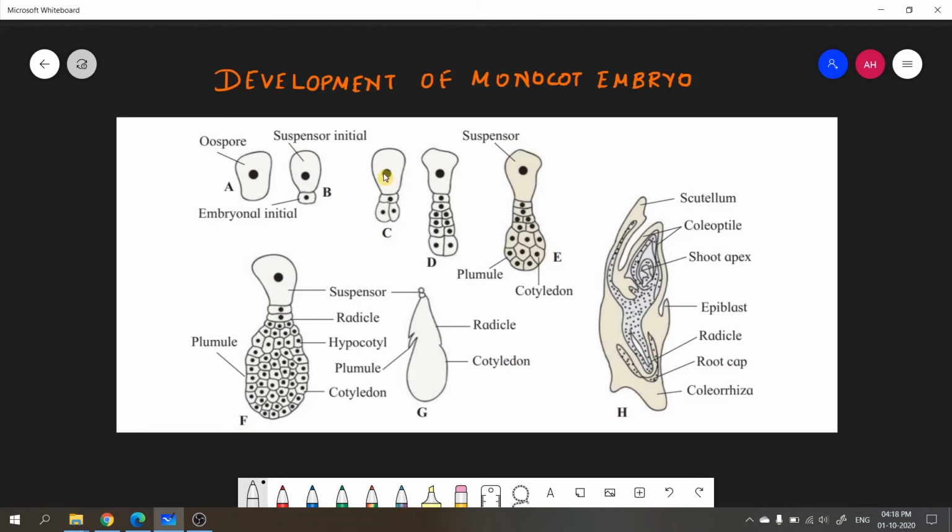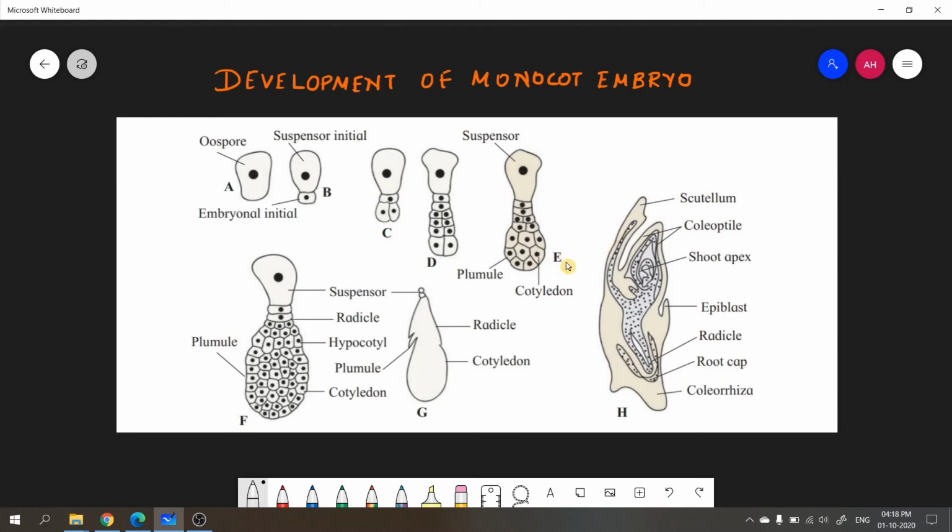These cells further give rise to a suspensor. You can see a suspensor is formed which pushes the embryo towards the endosperm for nutrition, and this is the embryo proper, right? So right from the proembryo stage up to the octant stage, the steps of development of monocot embryo remain similar to that of a dicot embryo.